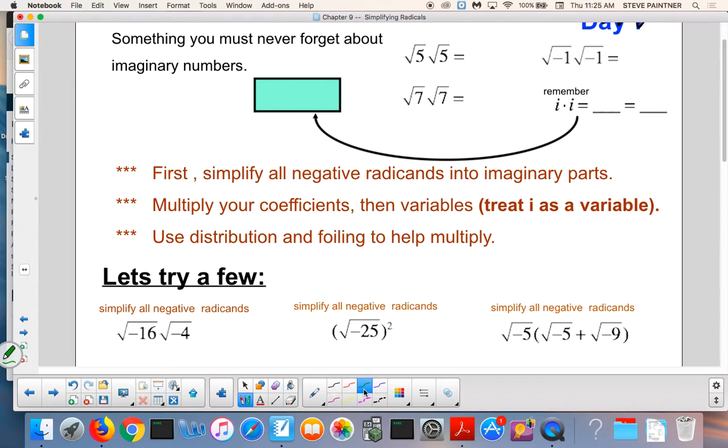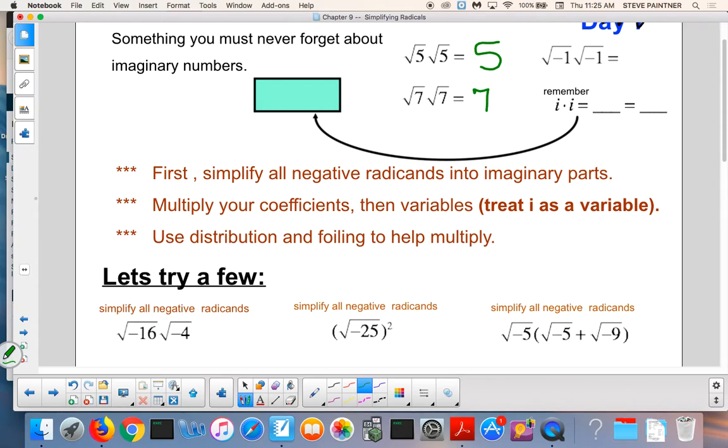Tell me what square root of 5 times square root of 5 is. Why is it 5? Because it's the square root of 25, and the square root of 25 is 5. What's the square root of 7 times square root of 7? You don't say 49. Just say 7. So when you take a radical times itself, you get the number inside, right?